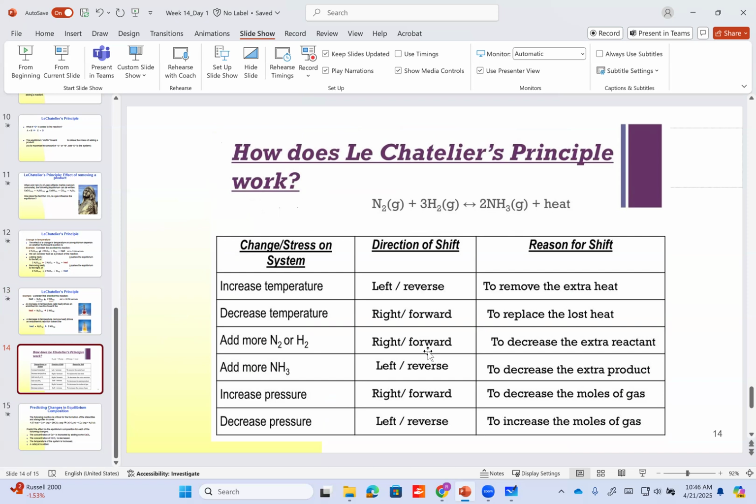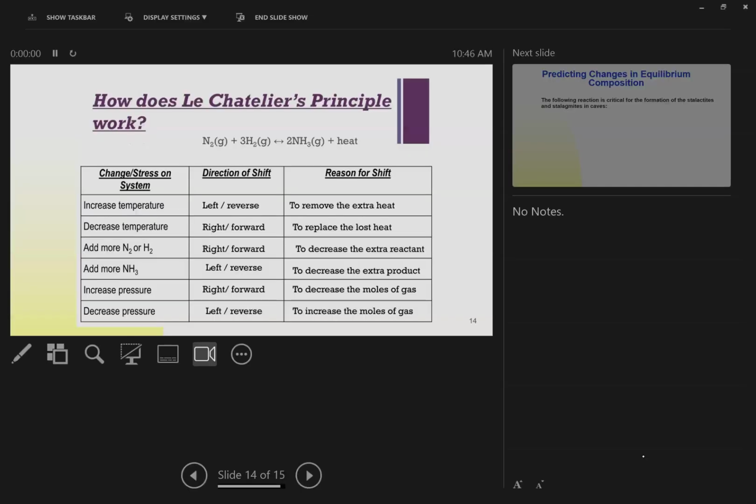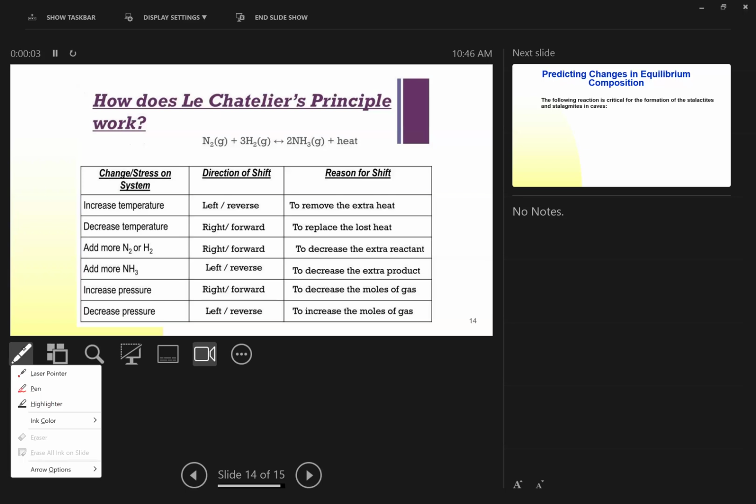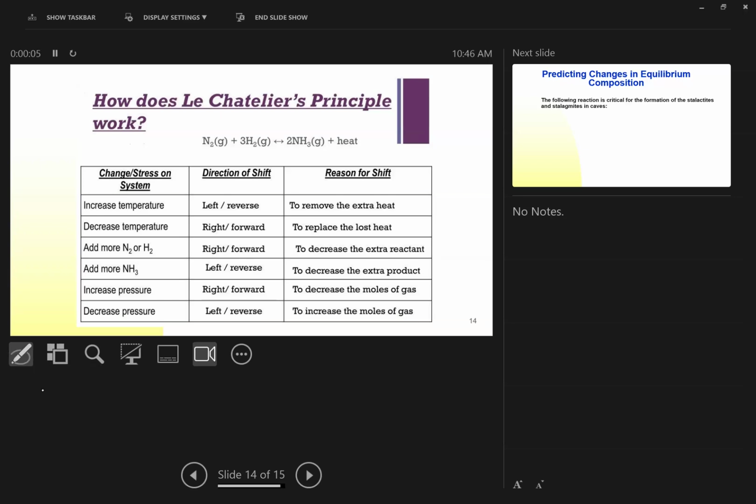All right, so I'm going to just use this. Now let's start with this. First thing, I look at this reaction. I see that heat is added to my product side. That means this is an exothermic reaction.